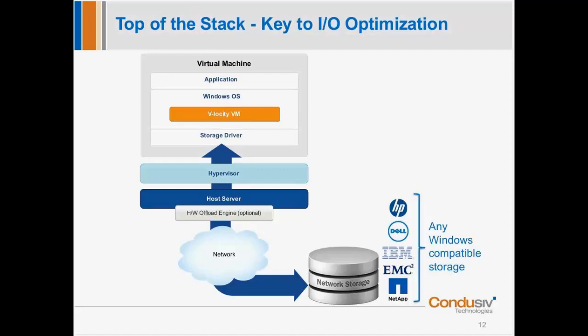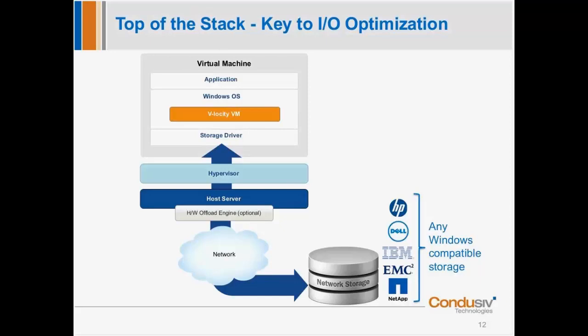With Velocity's architectural approach, we optimize I/O before it leaves the guests. By doing so, we eliminate all the unnecessary I/O created by the operating system, so that everything below us, the hypervisor, the server, the network, and the storage, can focus on how to best handle the I/O that it does receive.